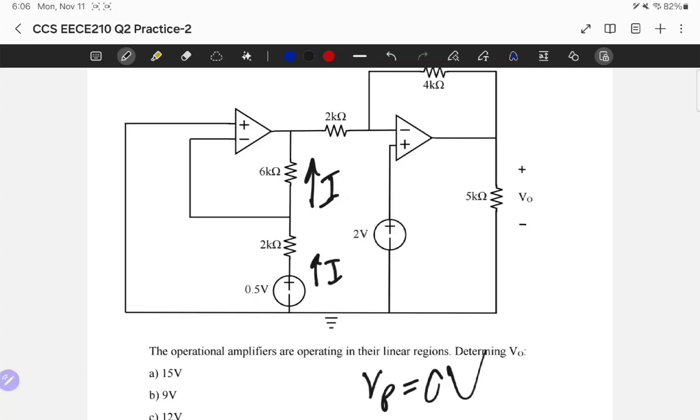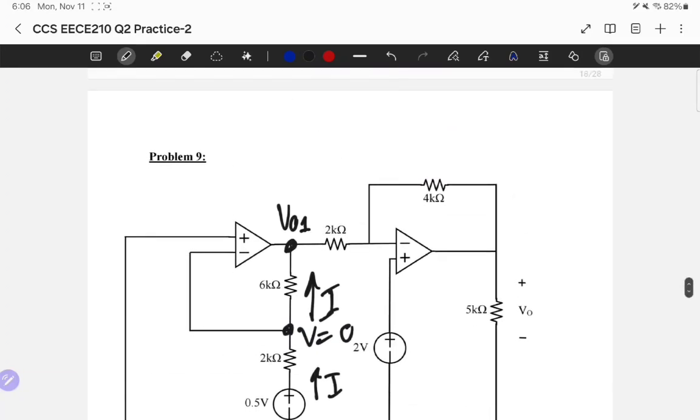And what I can do is that I can find this voltage. How? Let's call it VO1. So I can find VO1 because this is 0, V equals 0. So I'm gonna say that 6k times the current I gives me the voltage difference across, VO1 minus 0.